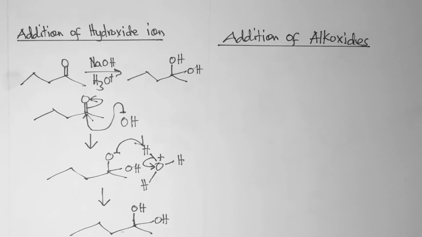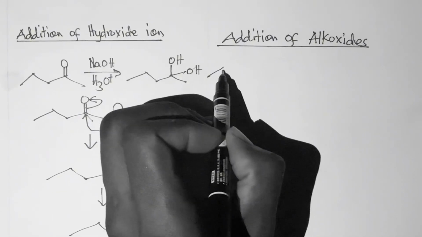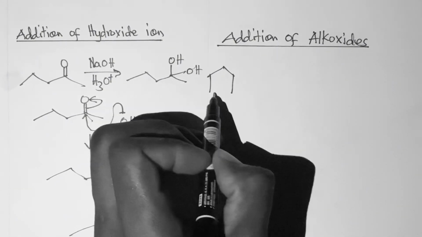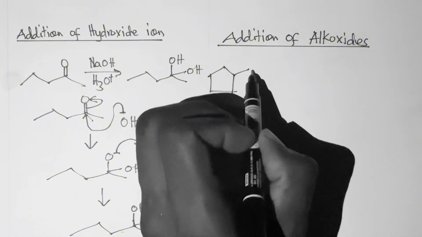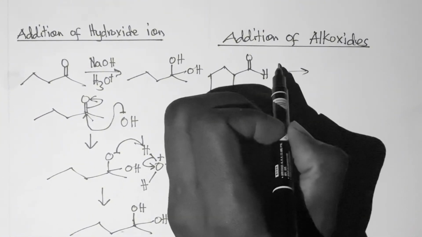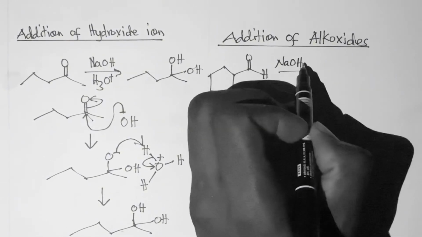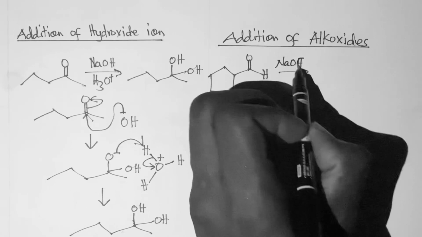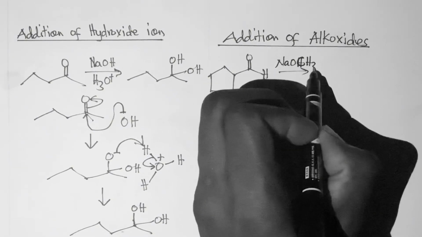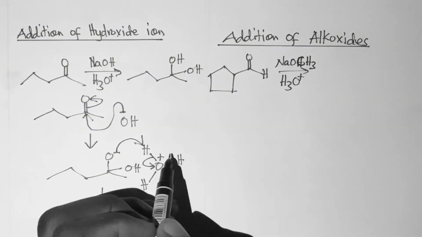The final reaction we are going to talk about is the addition of an alkoxide. So let's assume we are given a cyclopentane carbaldehyde, and we are supposed to first add sodium methoxide, then in the next part do the acidic workup.